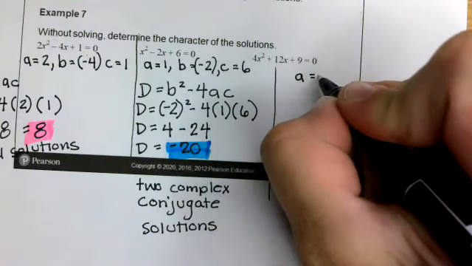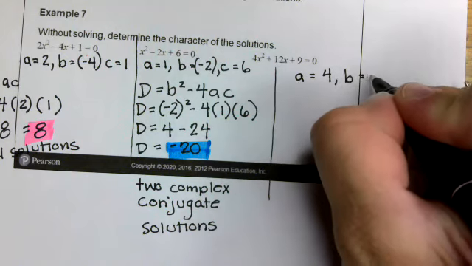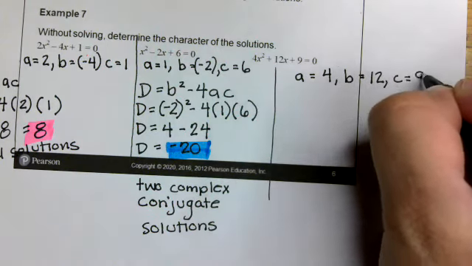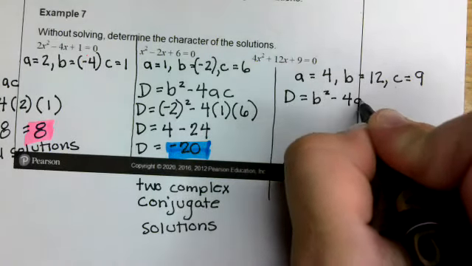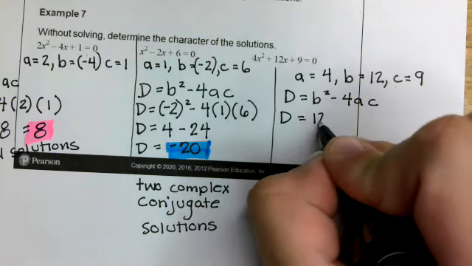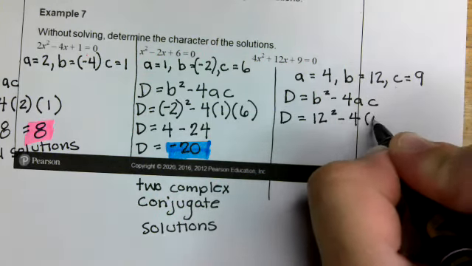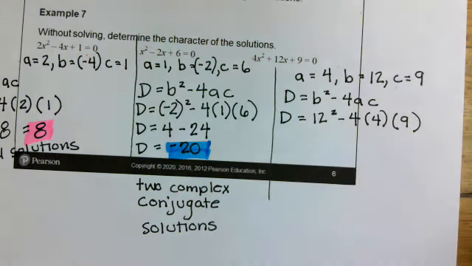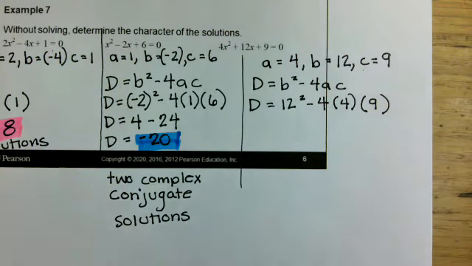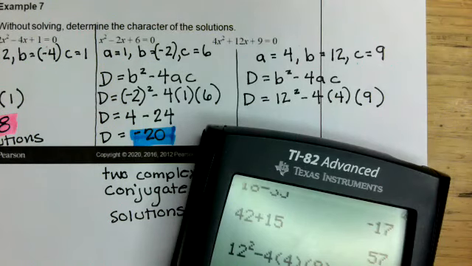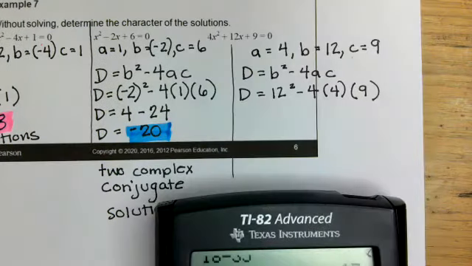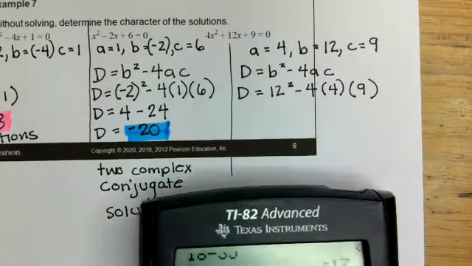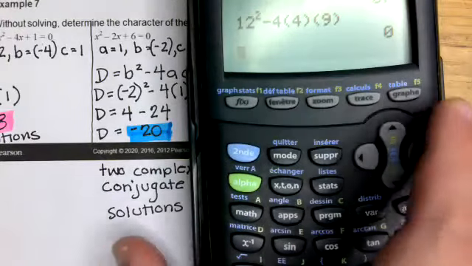Last one, a is 4, b is 12, c is 9. 12 squared minus 4 times 4 times 9. 12 squared minus 4 times 4 times 9 is 0.